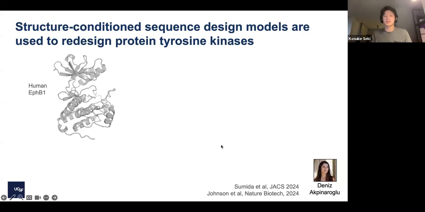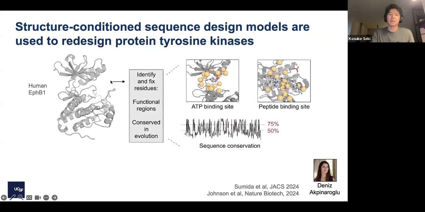The general approach is, first, you take the structure and give it a set of constraints. The constraint is that you need to keep important residues within the protein. This is because, like we were talking about, the sequence landscape is really rugged. Some of these residues are really important for function, and you can't mutate those.